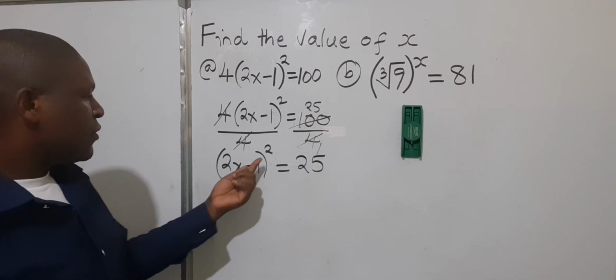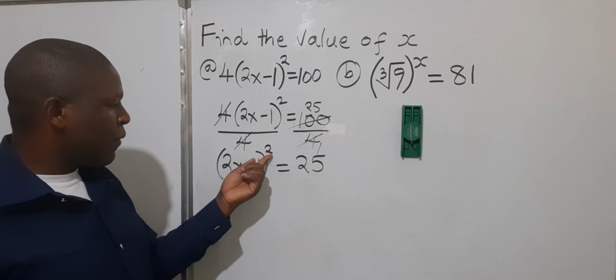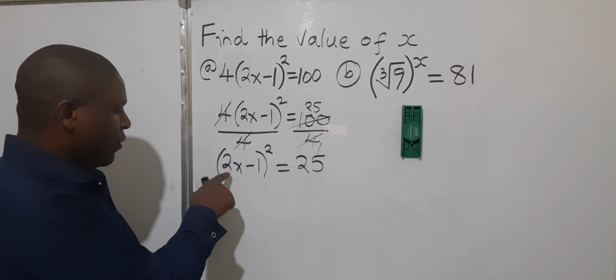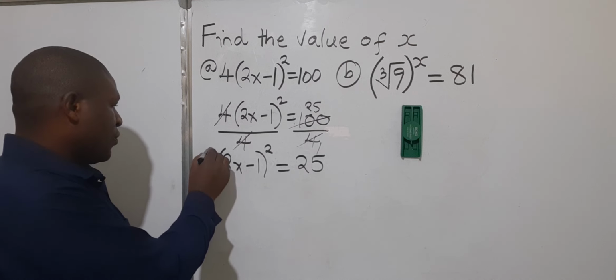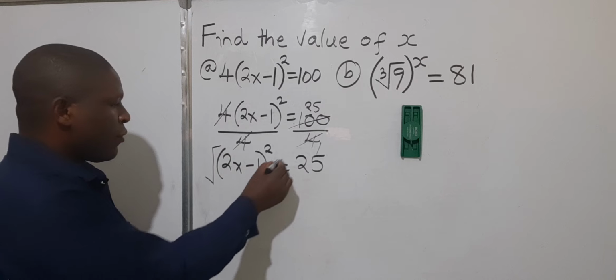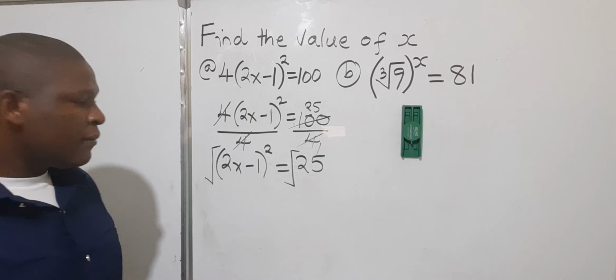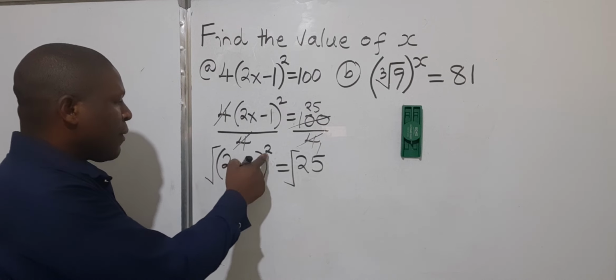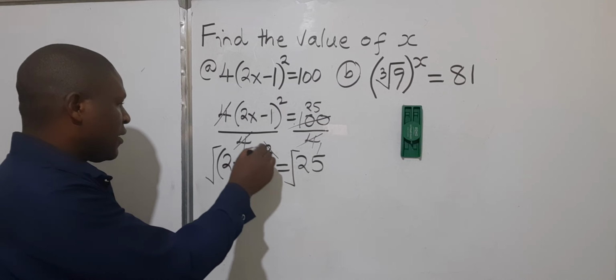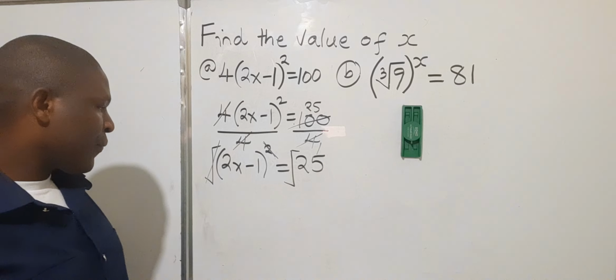Okay. So since this is a square raised to power 2, but we are looking for the value of x, you can introduce the square root on both sides. Now remember, the square root and the power 2 are going to cancel.